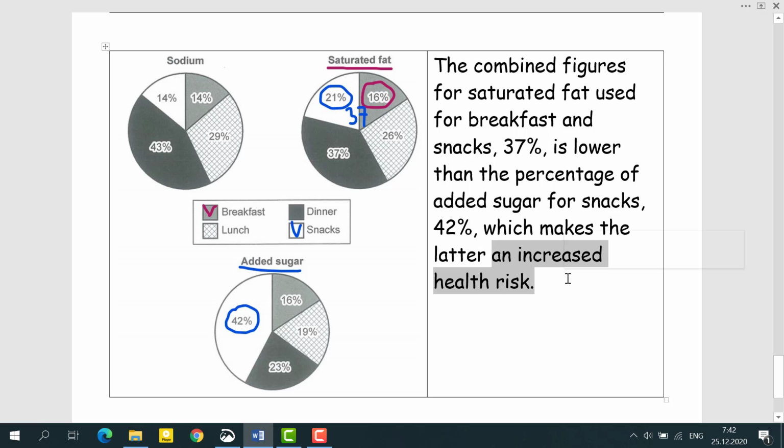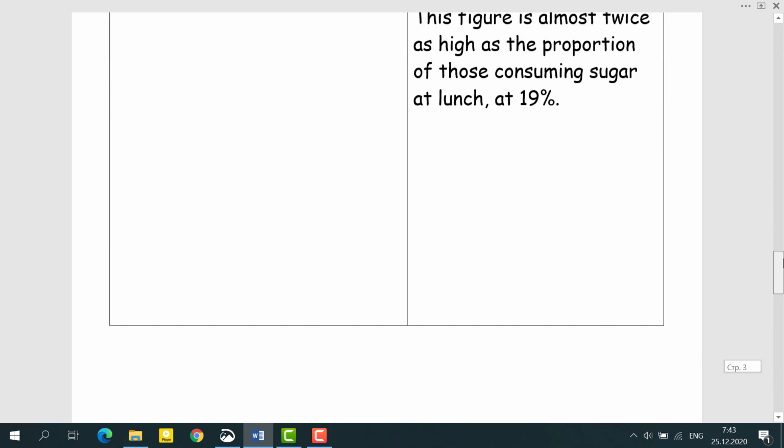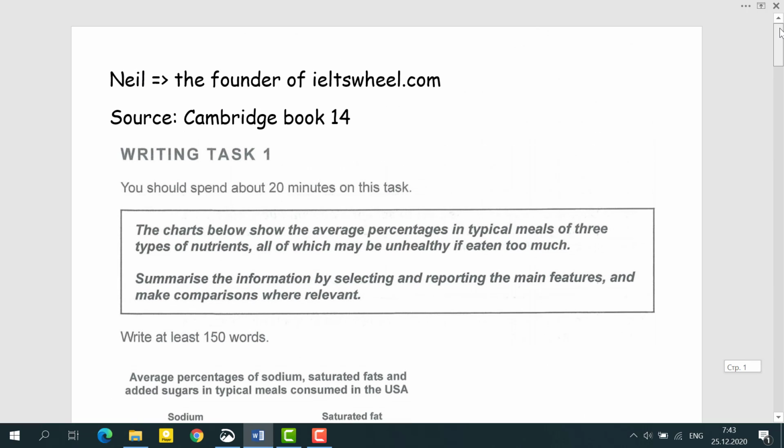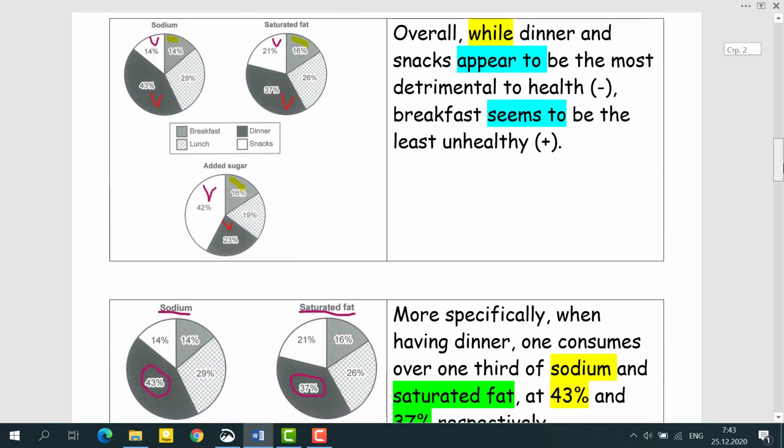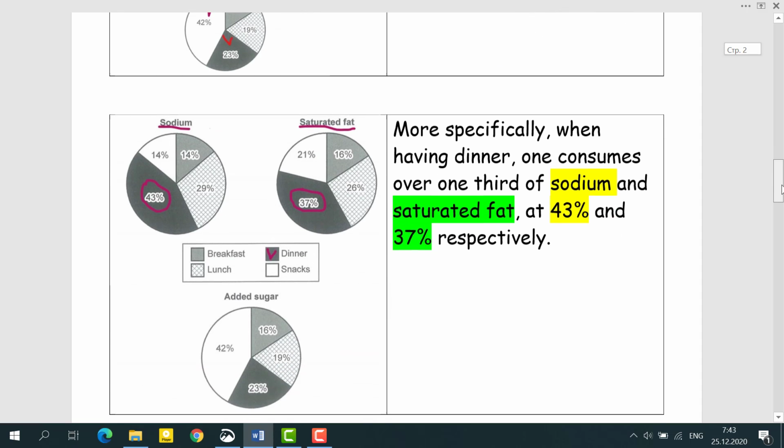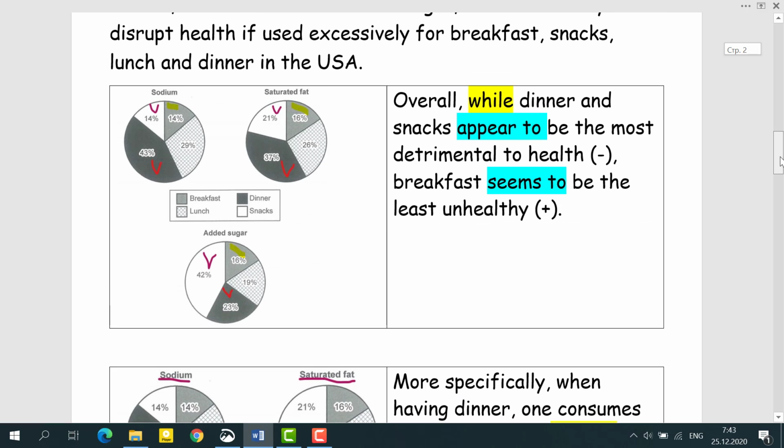An increased health risk. So the idea is people use a lot of sugar and it's unhealthy. An increased health risk. And I have to mention all of these facts all the time. Why? Because here, if you look at this carefully, all of which may be unhealthy if eaten too much. And therefore, throughout my whole description here, I constantly try to remember this fact.